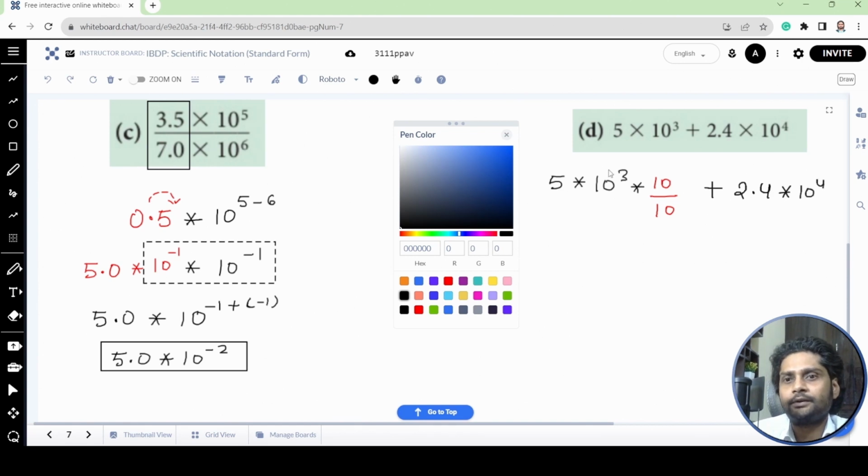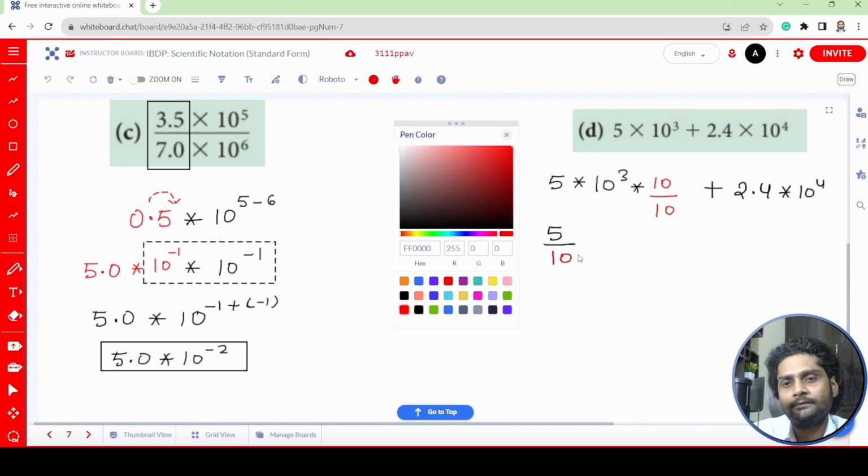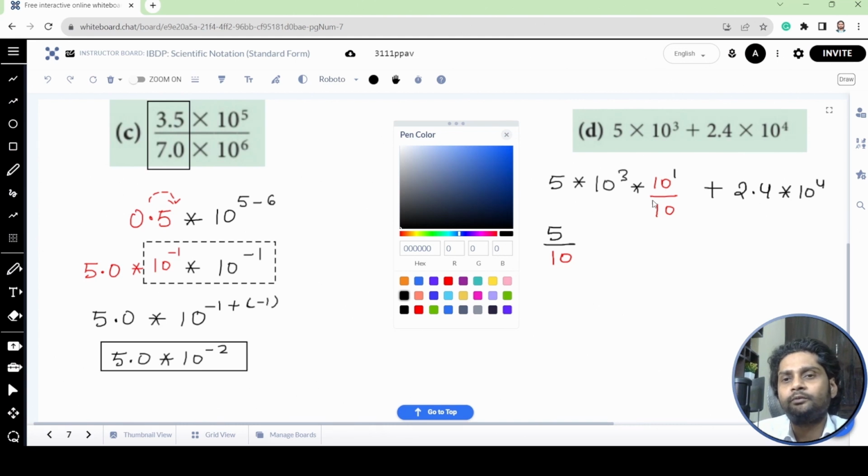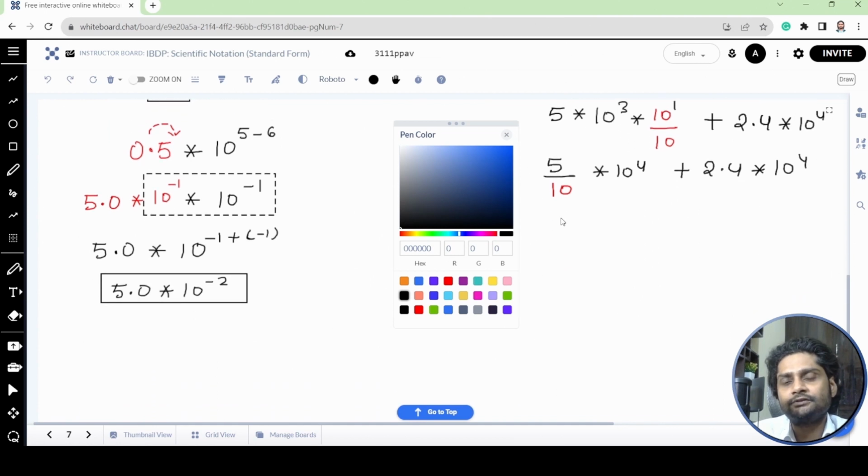So what happens here, students? The numerator becomes 10 raised to the power of 4, and we can bring this 10 underneath 5. So I can write down it as 5 over 10, and 10 raised to the power of 3 times 10, it's a kind of 1, so it simply becomes 10 raised to the power of 4. And here we have 2.4 times 10 raised to the power of 4. So you can consider it to be 0.5 times 10 raised to the power of 4.